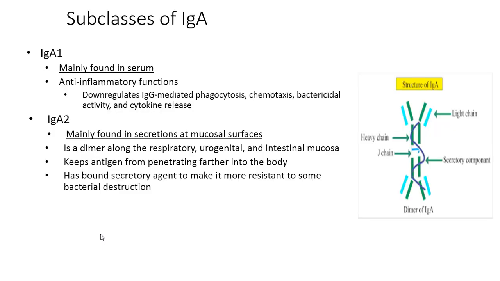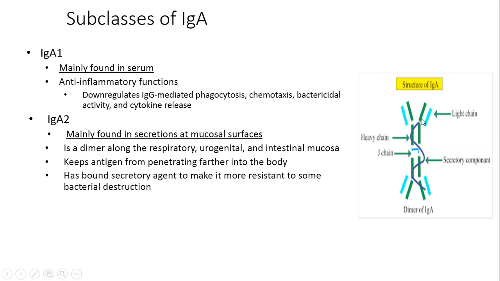As I said, there are two subclasses of IgA. The one we're mostly concerned about is IgA2, but let's look at IgA1 really quickly. IgA1 and IgA2 differ in content by just 22 amino acids, but only about 13 or so are in the hinge region.